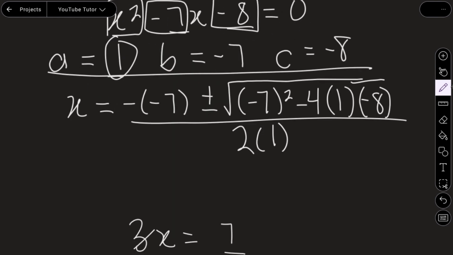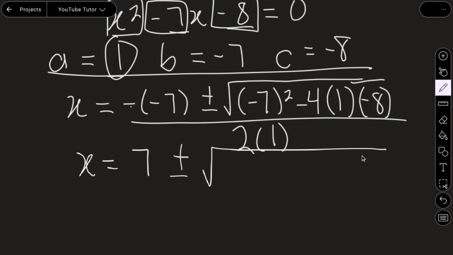Okay, so this is from the previous question. Let me clear it. So now we have x is equal to, this makes it positive 7 plus or minus, I'll do the root. 7 squared gives us 49, while negative 4 times negative 8 gives us positive 32, all over 2.